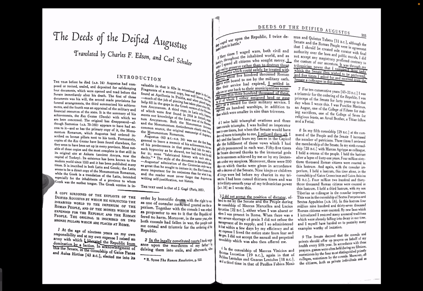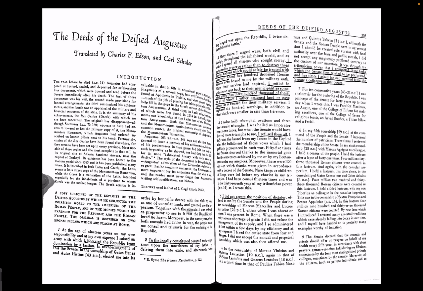He says things a lot, like here in section 2, "In the legally constituted courts, I took vengeance upon the murderers of my father by driving them to exile, and afterwards, when they waged war upon the Republic, I twice defeated them in battle." There is so much that is not said here, okay? But this phrase, in the legally constituted courts, he's not saying, I went and sought revenge for myself.